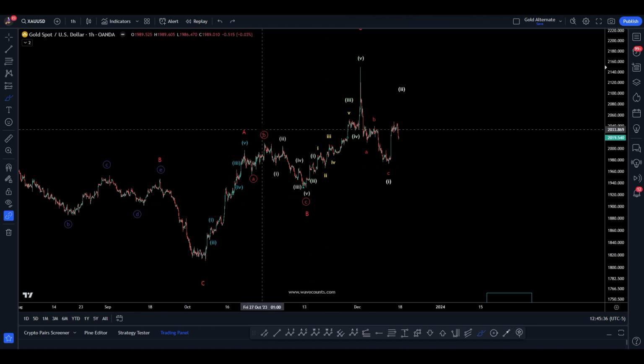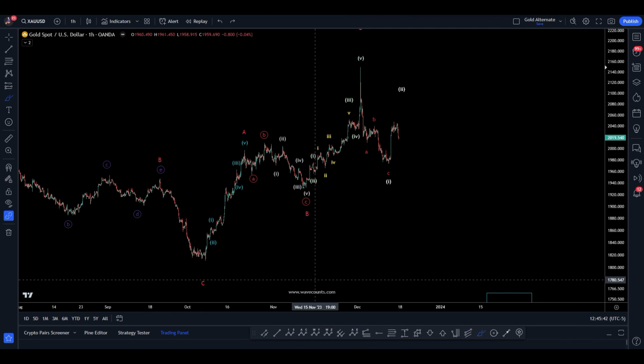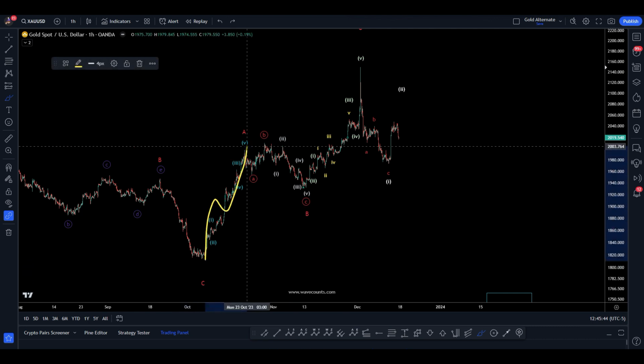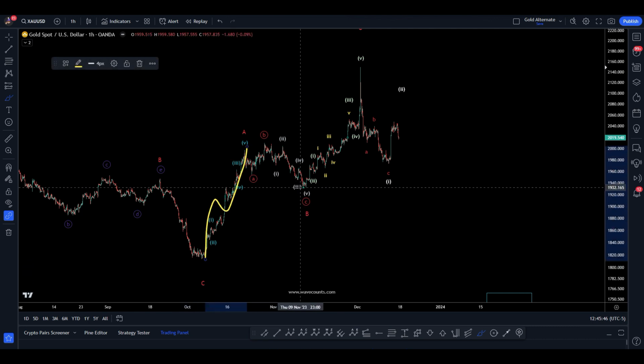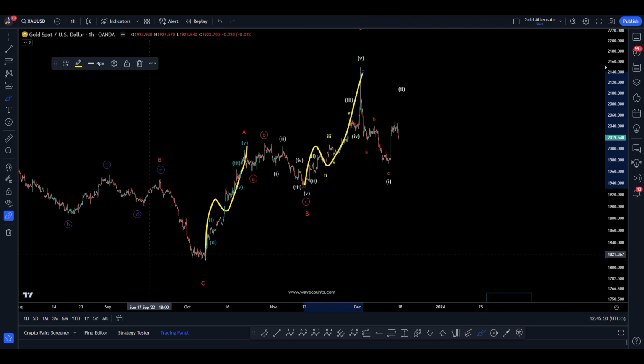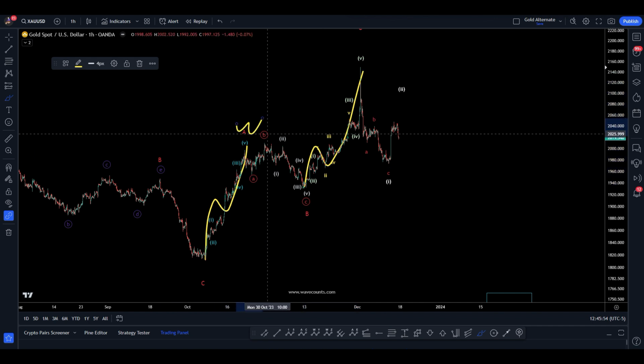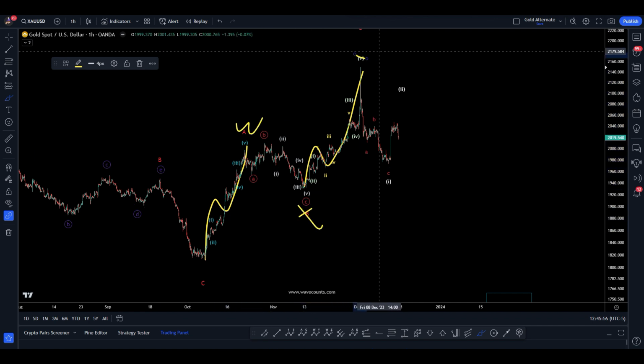It has to be a zigzag. Now it can be a double zigzag, and if you somehow could count this is a zigzag and not an impulse, then you can count this is a zigzag and not an impulse. Now that would be legal. Okay, 2 zigzags would be a double zigzag, and that would be labeled W, X, and Y. Okay.